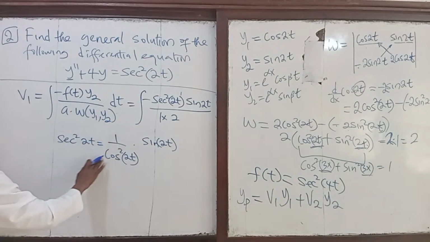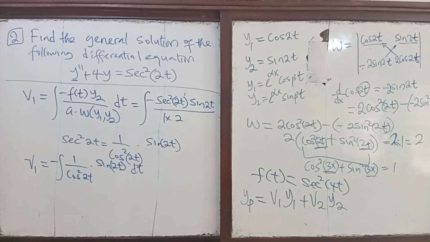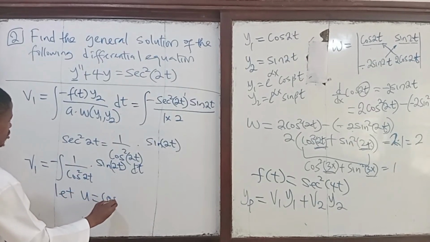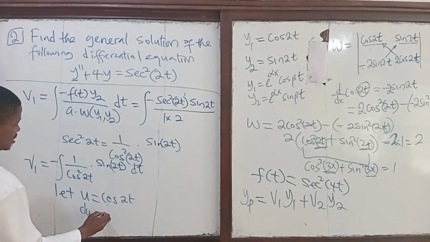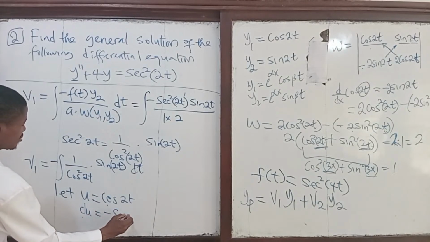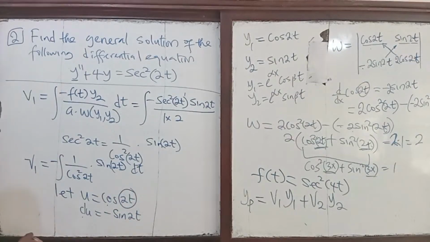Then we now have v1 is equal to, take the minus out. Let u be equal to cos 2t. If you differentiate cosine, that will be minus sine 2t times the composite function, that's 2.